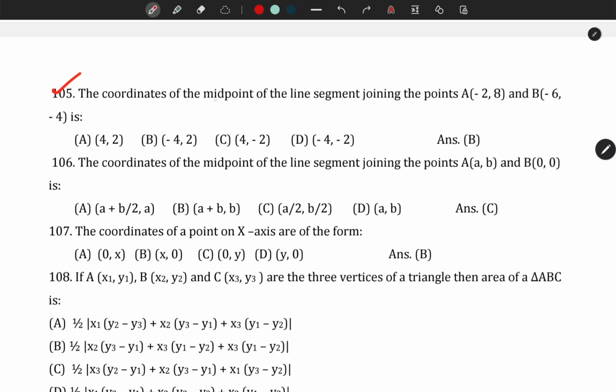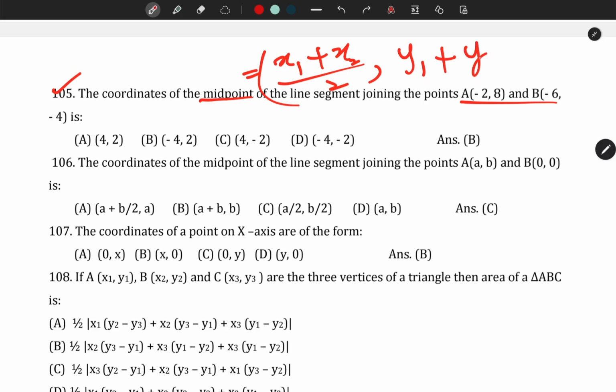Next question, the coordinates of midpoint of the line segment joining points A and B. So midpoint formula, we know its midpoint is x1 plus x2 divided by 2 comma y1 plus y2 divided by 2. So x1 here is minus 2. As you can see, this is x1 and this is x2.